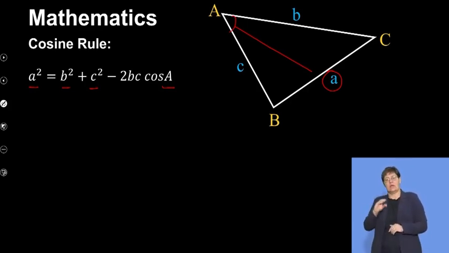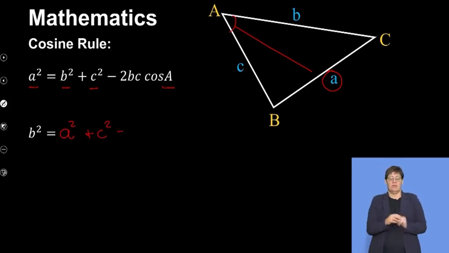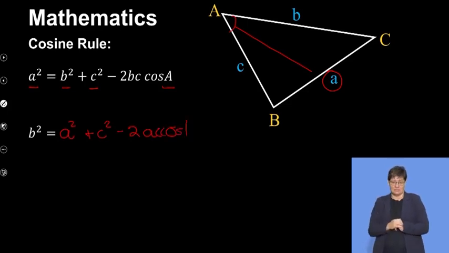Can you perhaps guess what the next version of it will be? B squared will equal to, now what do we fill in here? Obviously, we need to fill in the other two sides. So, it will be A squared plus C squared minus 2AC cos B. Okay, and the third version, can you guess it now?